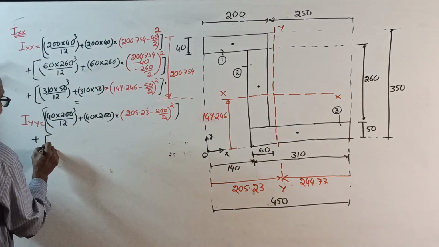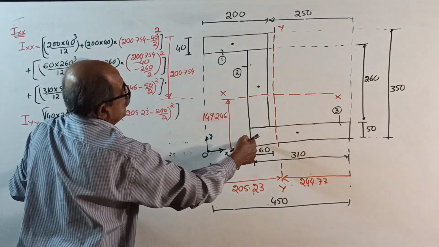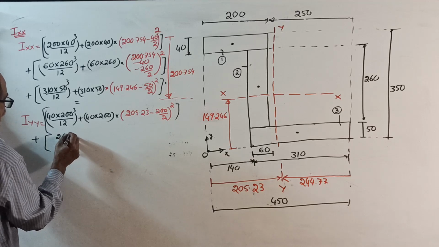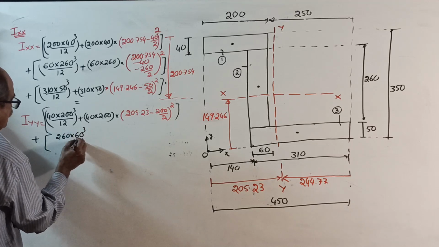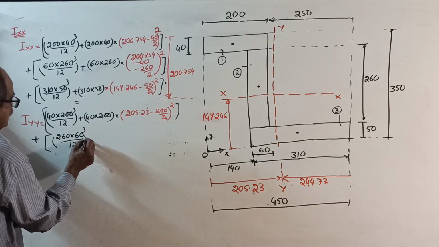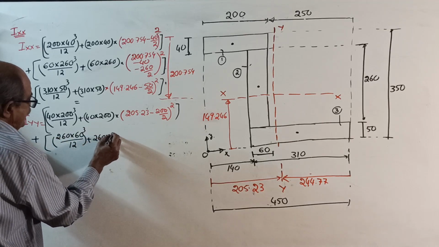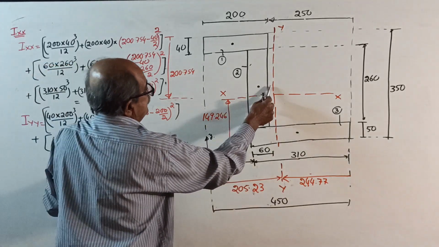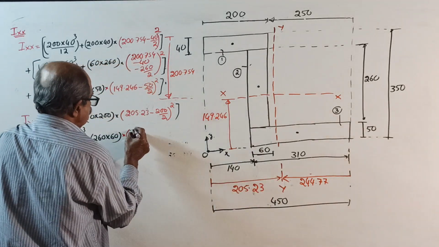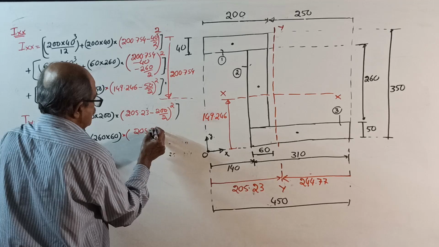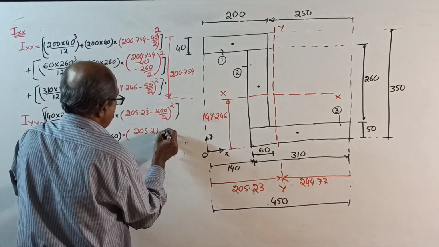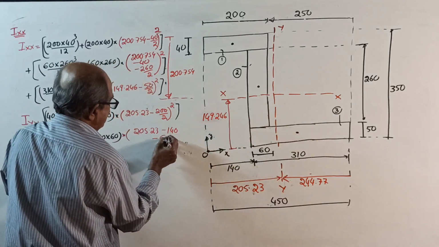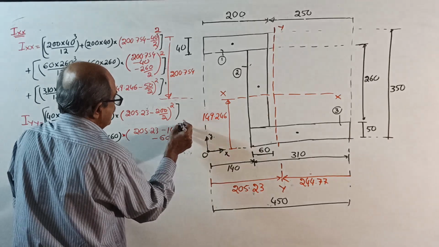Plus second one, I about y by over. 260 into 60 cube by 12 plus 260 into 60 is the area, into this distance square, 205.23 minus 140 again minus half of 60, that is 60 by 2, whole square.